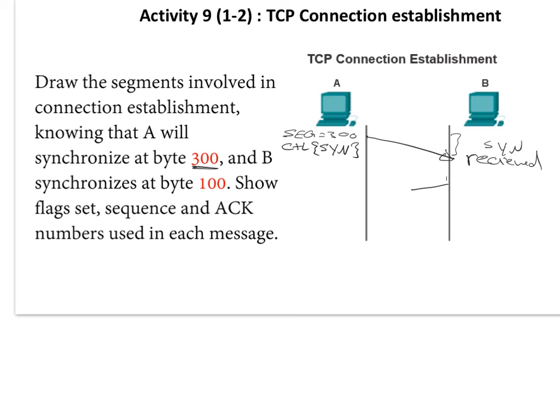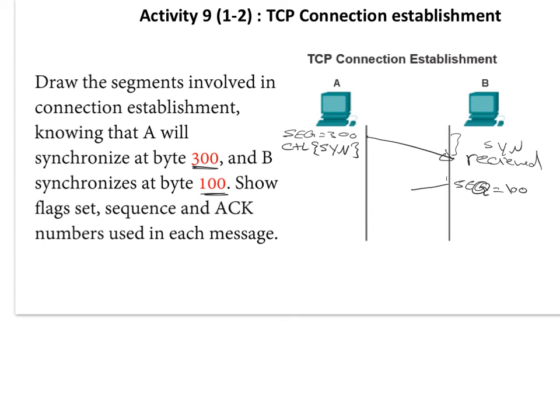One is to acknowledge, and another one to sync back. So this message is a combined message that has two pieces of information. So this message has a sequence of 100. I want to sync starting from 100, which has nothing to do with the 300. Okay, so the sequence is 100.